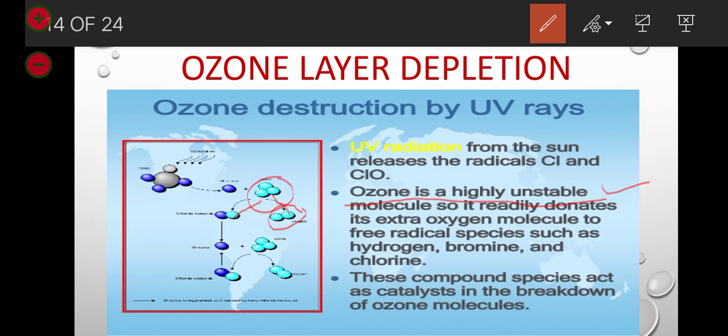And this single oxygen atom will combine with the chlorine, and like that ClO is forming. The chlorine gas is given by the earth, and there it will react. So the extra oxygen is combining with the chlorine atom.